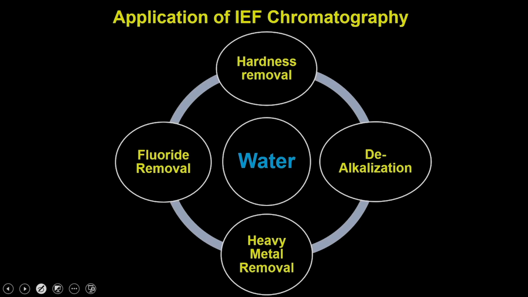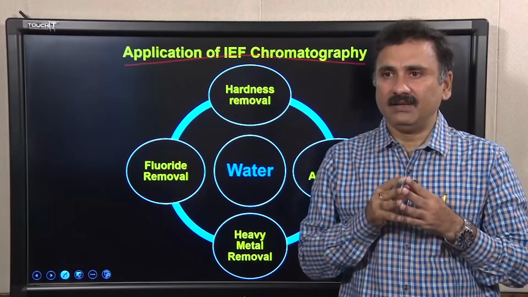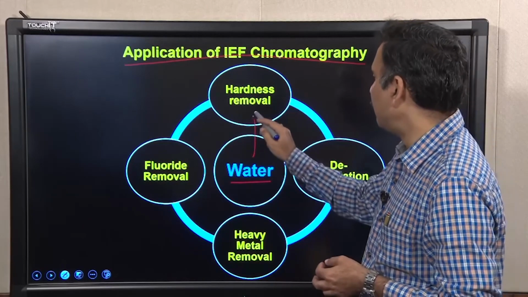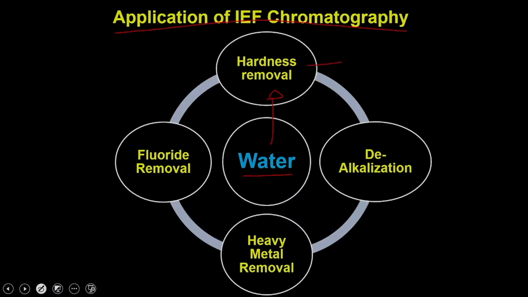Now, let us see the applications of ion exchange chromatography. One major application is that it can be used to purify water. Water has different types of impurities. For example, it has hardness, alkalinity, and different types of contamination, for example fluoride or heavy metals.